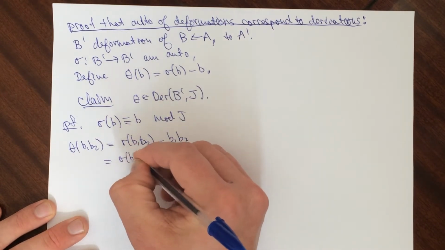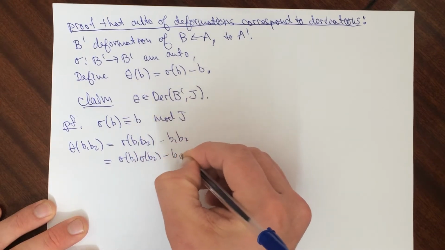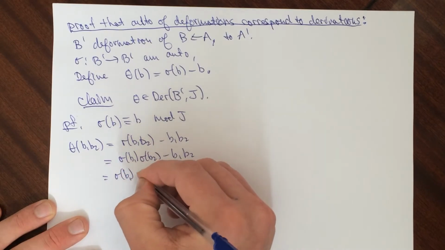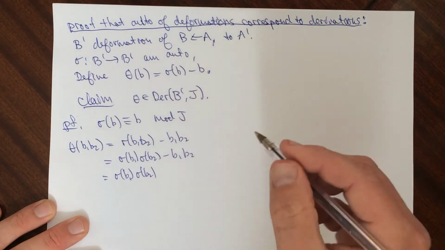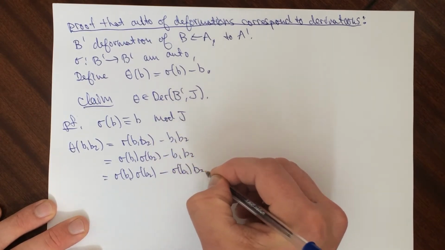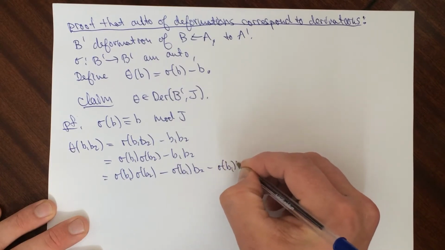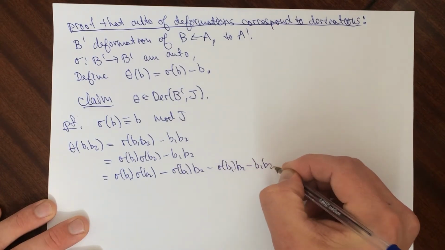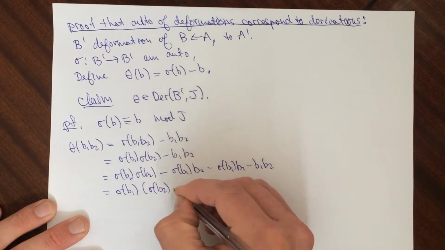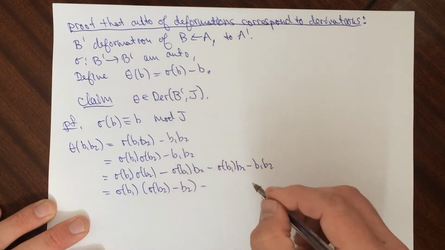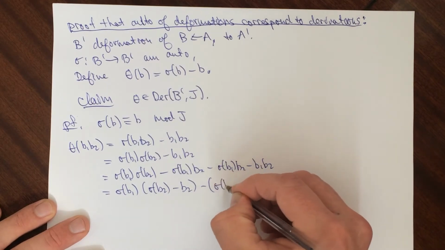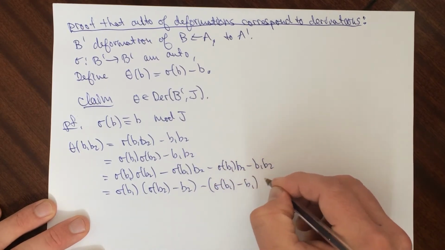So b1 sigma b2 minus b1 b2. So this breaks up. And then we can introduce a cross factor, b1 sigma b2. So sigma b1 b2 minus sigma b1 b2 minus b1 b2. And now we factor b1 and sigma b2 minus b2, and we have sigma b1 minus b1 times b2.